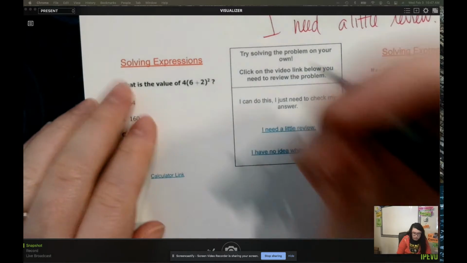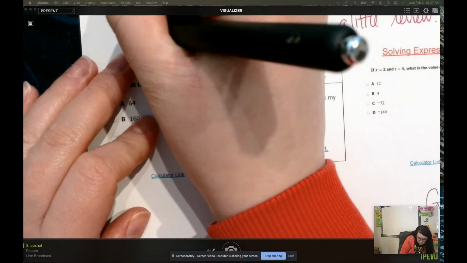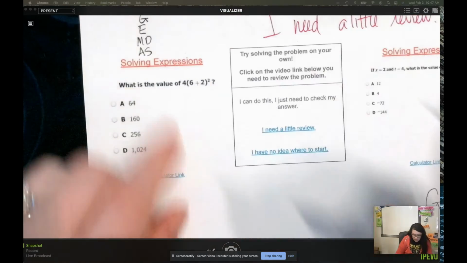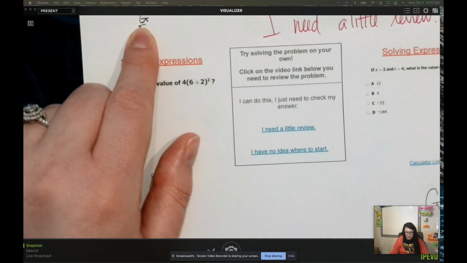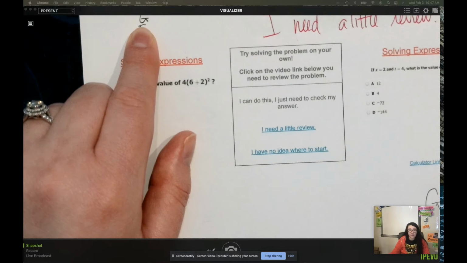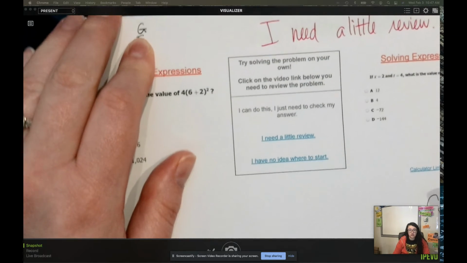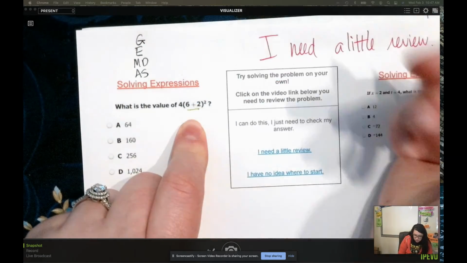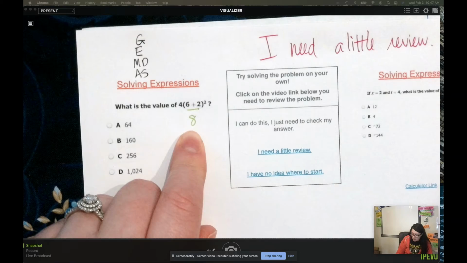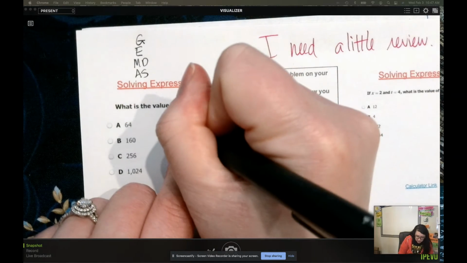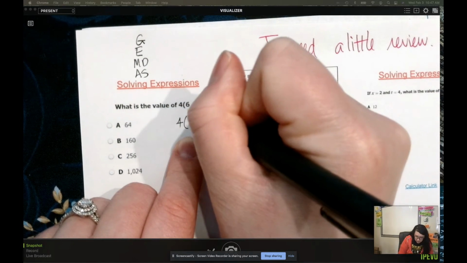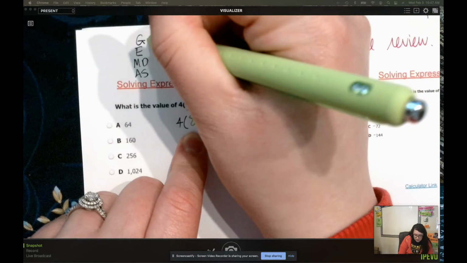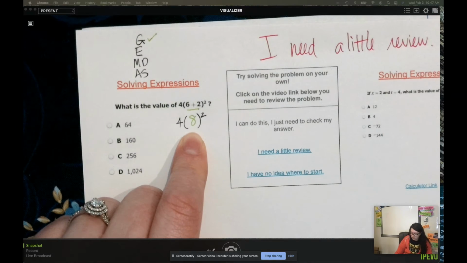If I'm going through and I'm doing my GEMDAS, first I would need to do my grouping. What grouping do we have here? Yeah, inside the parentheses, that 6 plus 2, that is grouping. And that would give me 8. And I would want to bring everything else down. There's no more math in my parentheses, so my grouping is good.